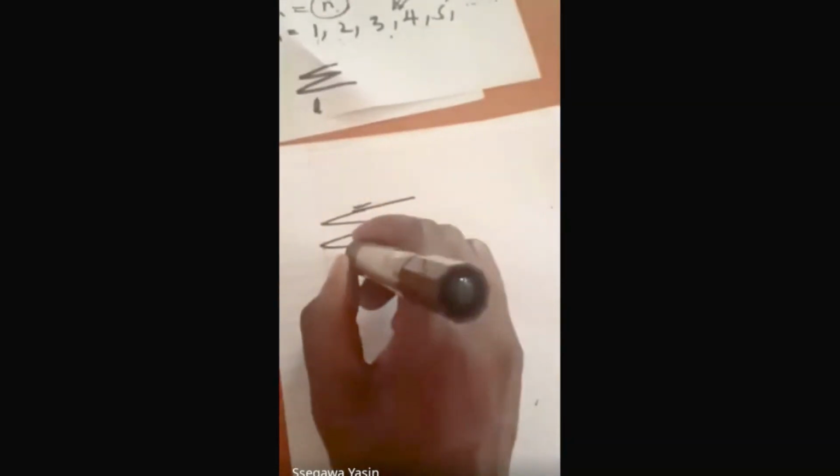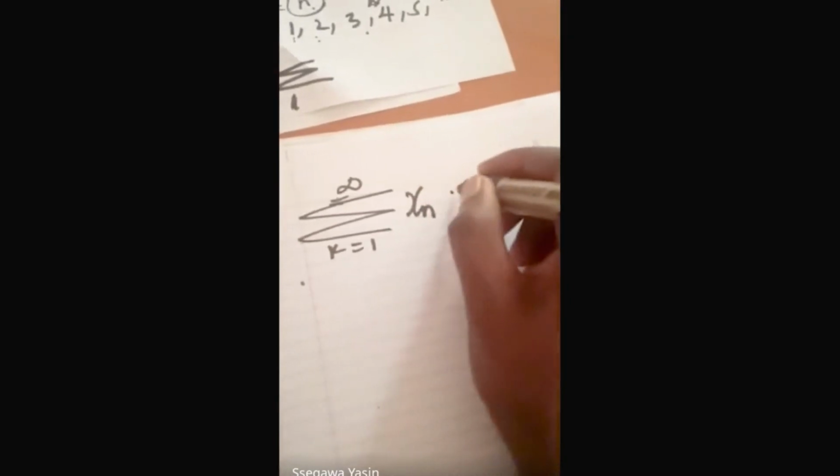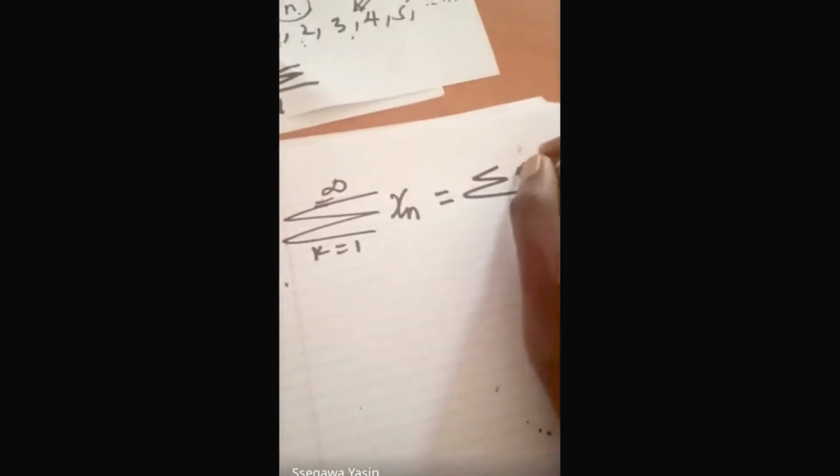Now, when you read through that handout, after definition 3.46, hope you are following with the handout. They are telling you that instead of writing all of this, we are going to write just the sum of xn. Instead of writing something big, we just write something simple, sum xn.